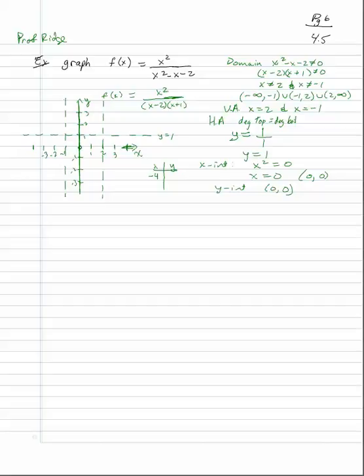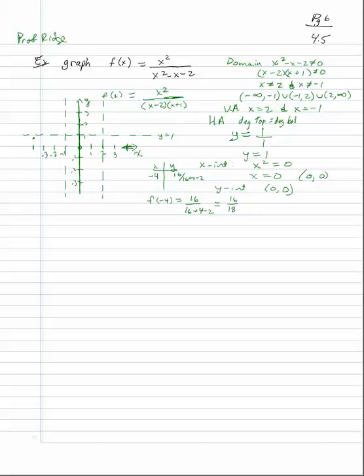I'm just plugging it into the equation. 16 over 16 minus negative 4, so that's plus 4, minus 2, which is 16 over 18. That's a little less than 1, so it's right about there.